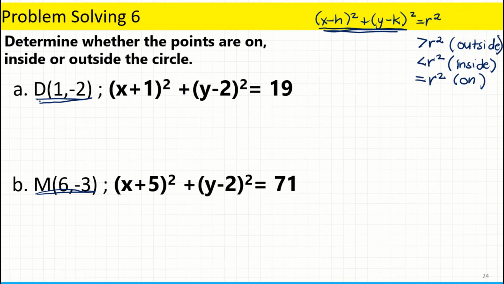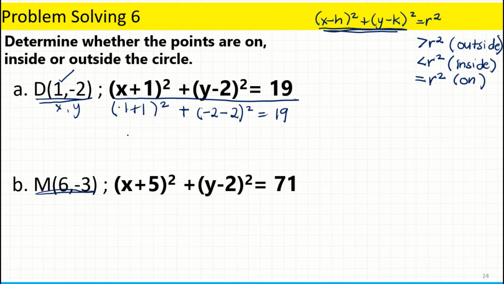So, for us to understand, let us have point D (1, −2) with the circle of equation (x + 1)² + (y − 2)² = 19. Let us substitute the values of x and y to the given equation of the circle. So, we will have (1 + 1)² + (−2 − 2)² = 19.